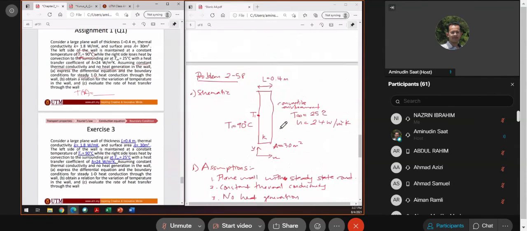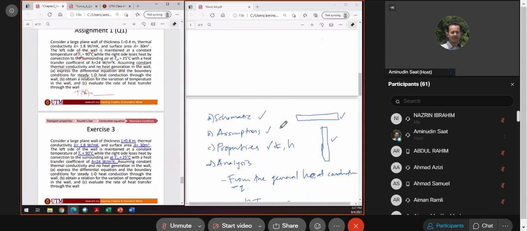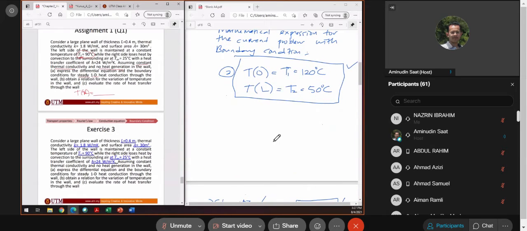So how do you evaluate heat transfer? Wait, let me find some space here. Let's say I do it here. So C, evaluate the rate of heat transfer through the wall. The rate of heat transfer to the wall is basically the rate of heat by conduction.